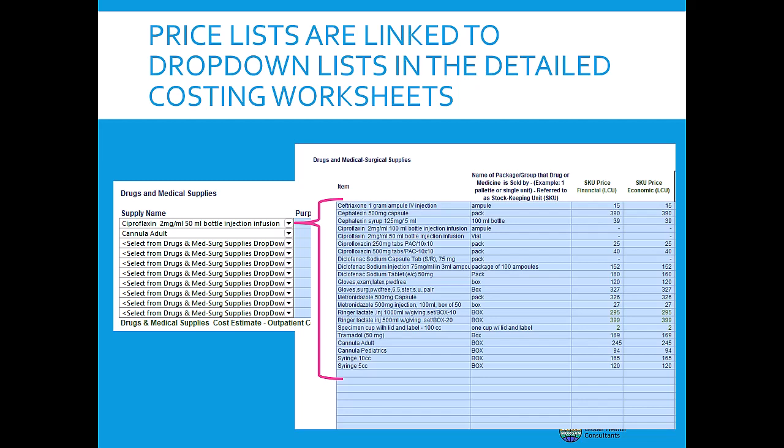Similarly, when you're in your detailed costing and you're selecting drugs and medical supplies, you will be able to select from the drop-down list that was generated from the price list database that you see here.